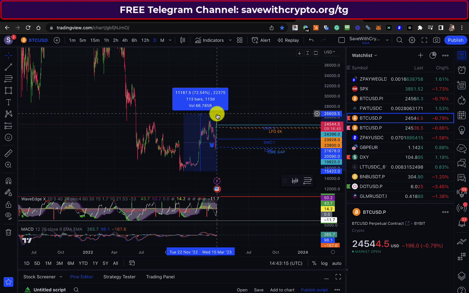So we actually climbed $11,187, which is 72.54%, quite an incredible increase, isn't it? So if you were buying Bitcoin down here at 15k, I was, congratulate yourself, because you're now 72% up, which is brilliant, isn't it?